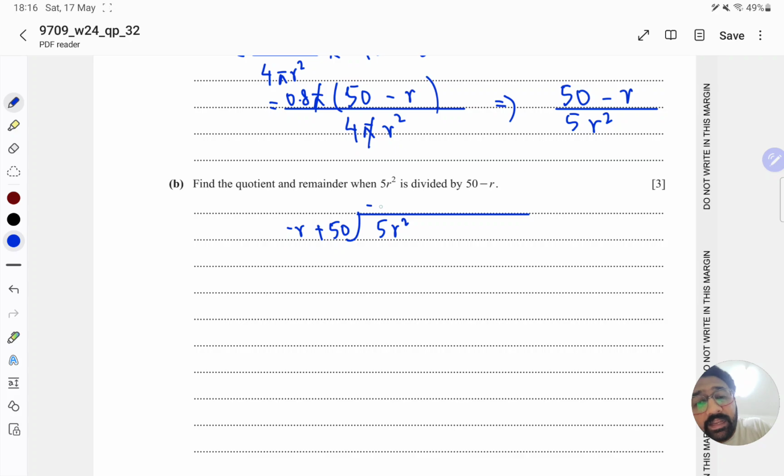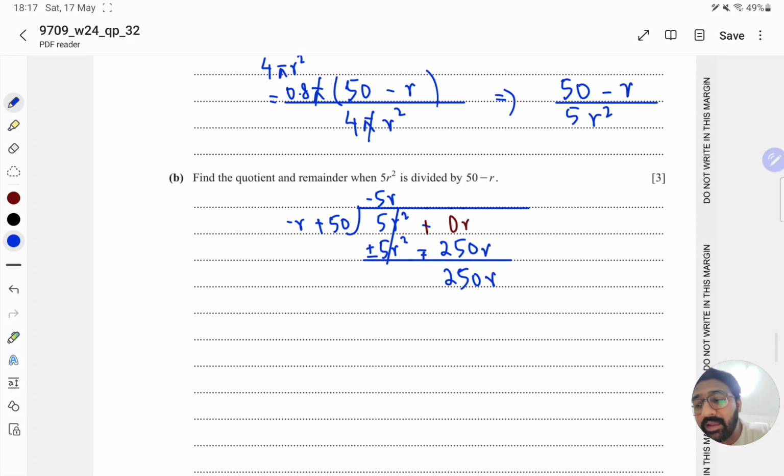I will first multiply with minus r, which gives me 5r squared minus 250r. Now since there is no r in the above one, it's 0r. Further, if I simplify and change the signs, positive and negative cancel out, and I'll be left with 250r.